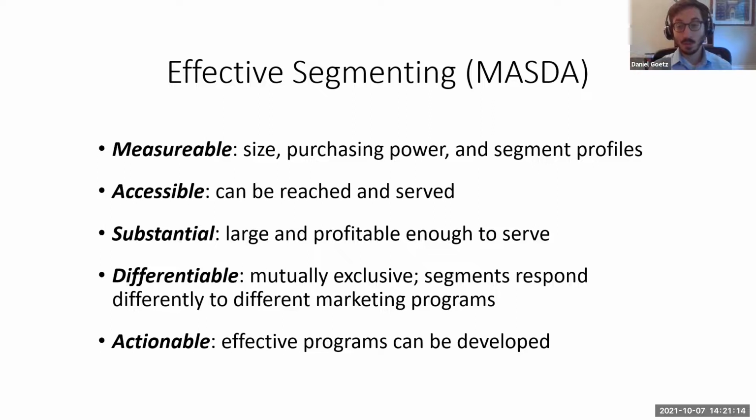It should be differentiable. If you've created 2 segments, but they respond in the same way to what you're doing, then it's pointless to have segmented. You might as well just combine them. And actionable: can you effectively market to them? Okay.